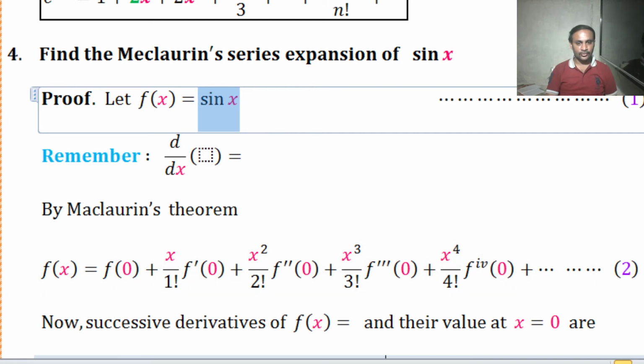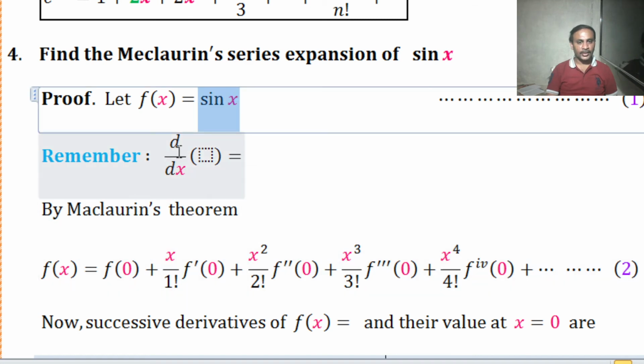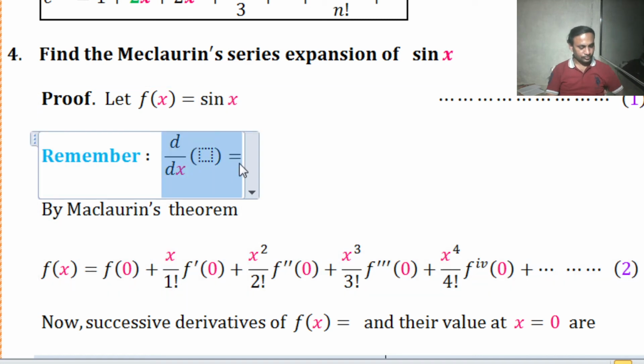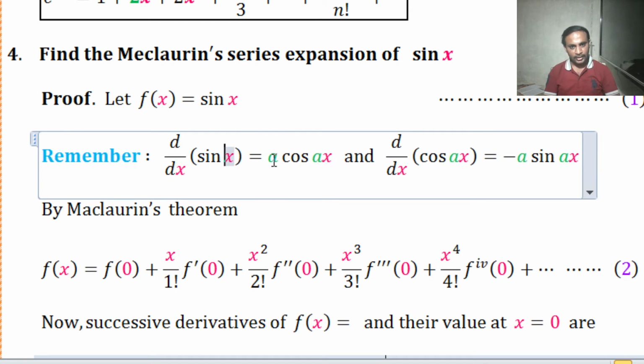Now here we have to remember that d by dx of sin of ax is a times cos of ax, and d by dx of cos of ax is minus a times sin of ax. But here sin of x is present, that's why we are ignoring the term a.